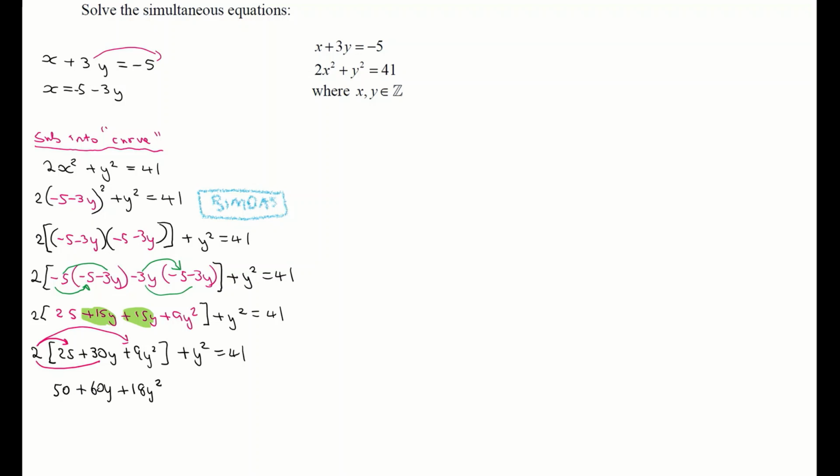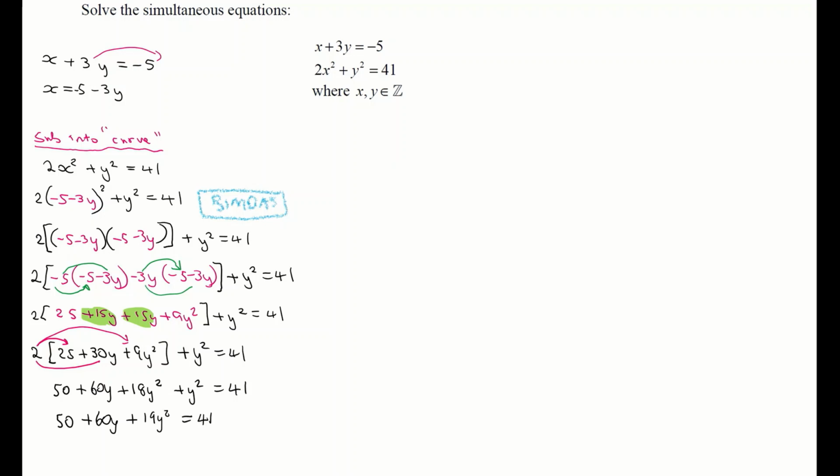Now, don't forget that I have to include this positive y squared, which is giving me a plus y squared equals 41. Tidying up that left-hand side of the equals, it's giving me 50 plus 60y plus 18 plus 1 is 19y squared equals 41.